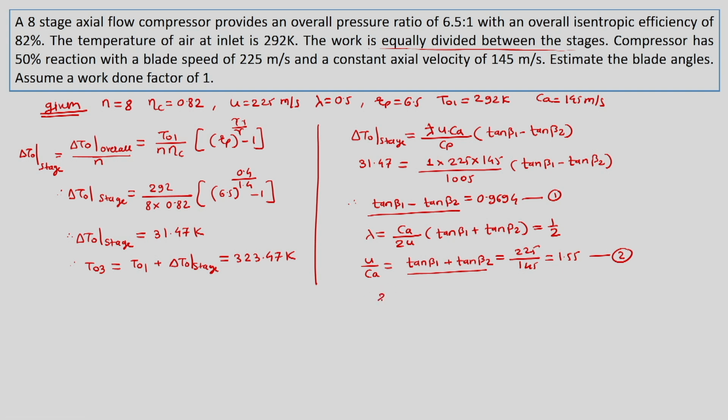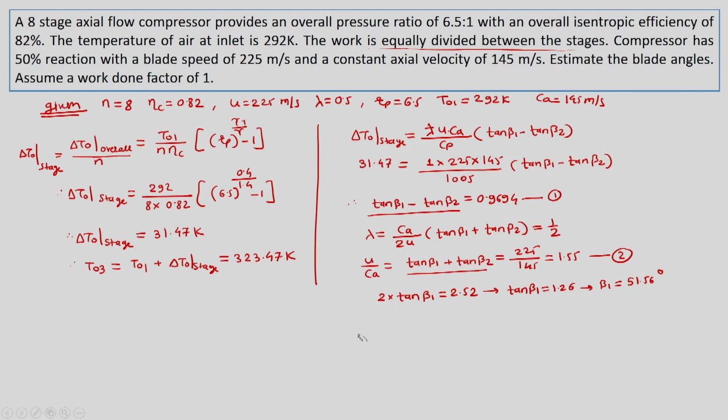So we can solve these equations simultaneously, and we can get twice into tan beta 1 is 2.52, which gives us tan beta 1 is equal to 1.26. So we have beta 1 is equal to 51.56 degrees.